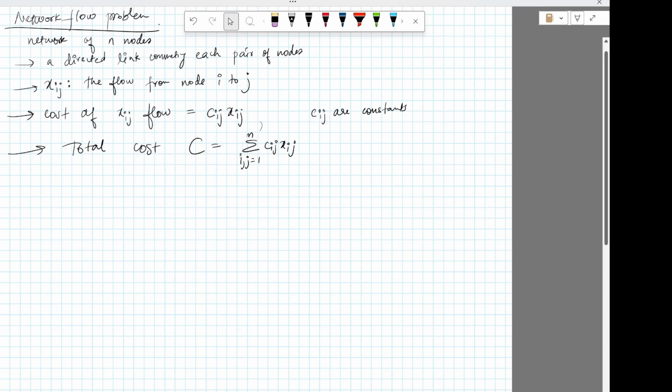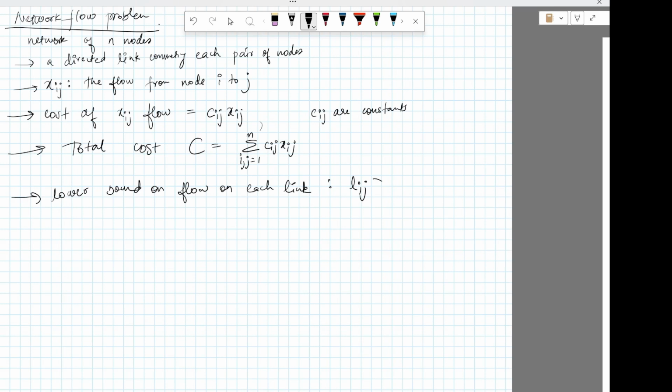And now there are some constraints. Constraint is a lower bound on flow on each link, lij. So you have to have at least lij flow in each link.